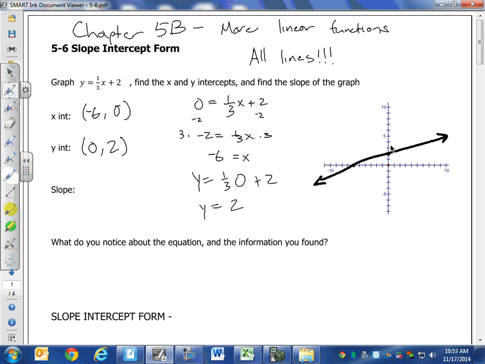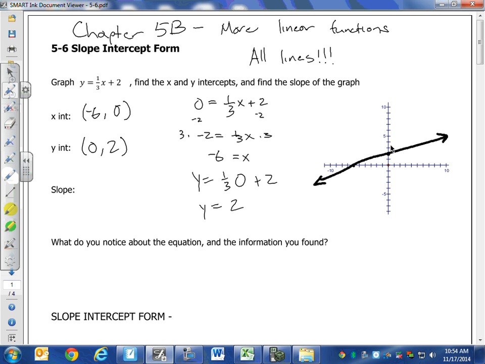Y's over your x's. Do it again. Y's over your x's. This is not 0, this is 2. Simplify it. That's fine.